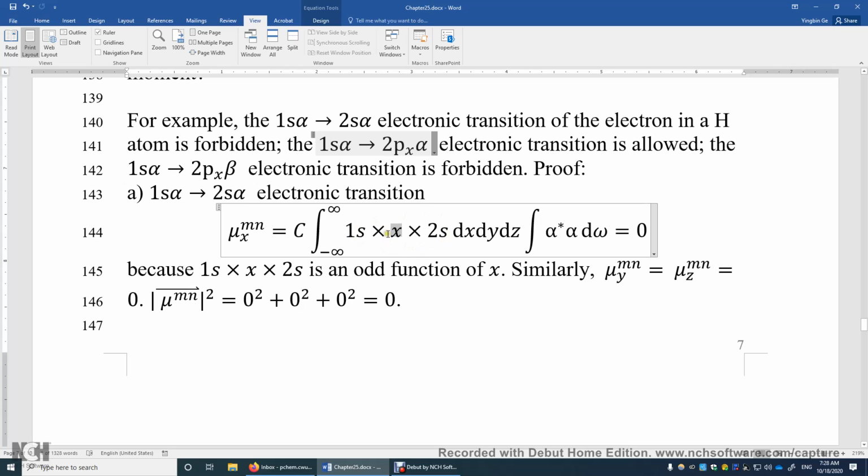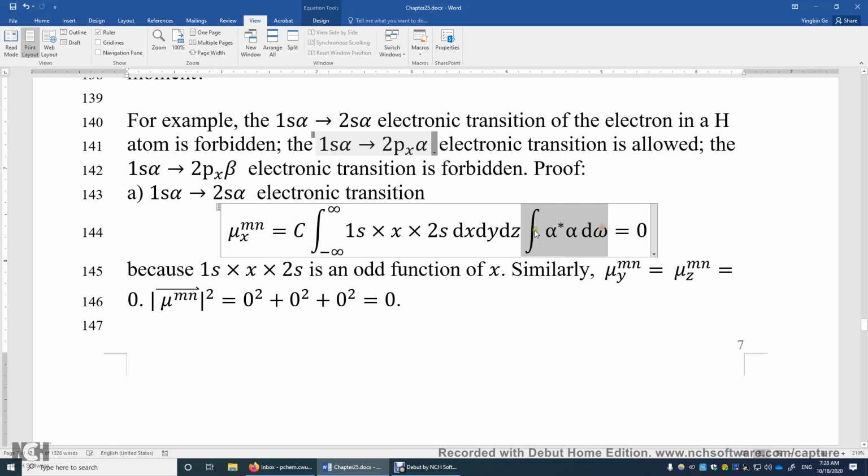The integral of an odd function is always 0 if its lower limit and upper limit are the opposite to each other. This is because the integral from negative infinity to 0 cancels the integral from 0 to positive infinity. So in this case, this integral is 0.